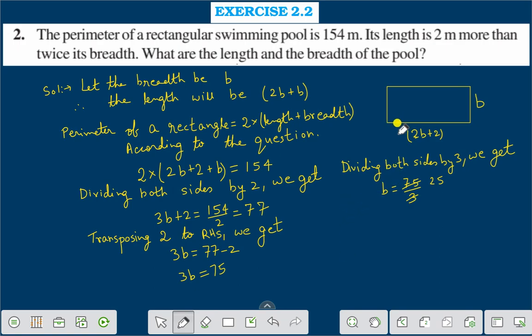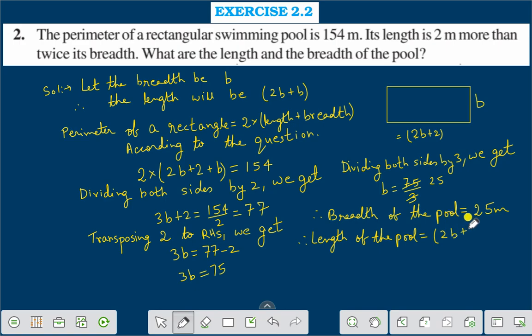Therefore, breadth of the pool is equal to 25 meter, and length of the pool is equal to 2b plus 2.